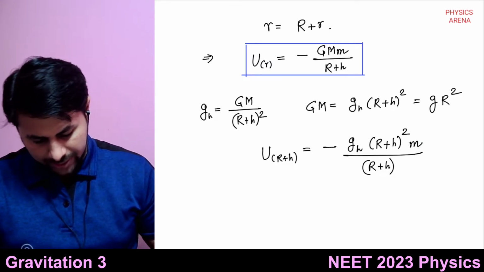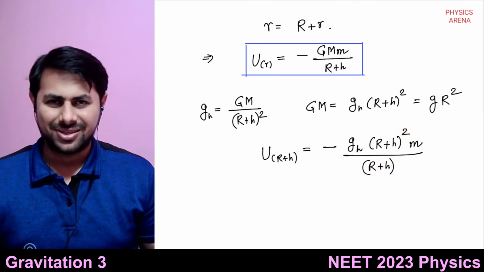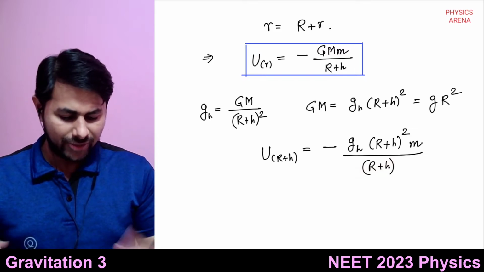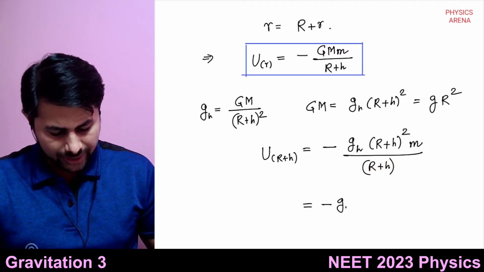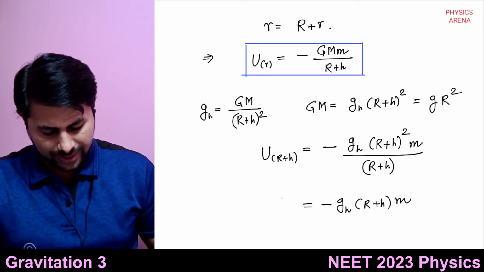So this (R plus h) will get cancelled out with one of the squares. So we will be left with R plus h only. So it is equal to minus of g_h multiplied by (R plus h) into mass m.